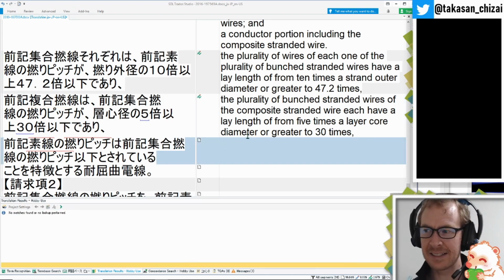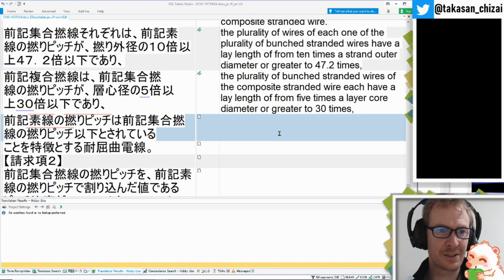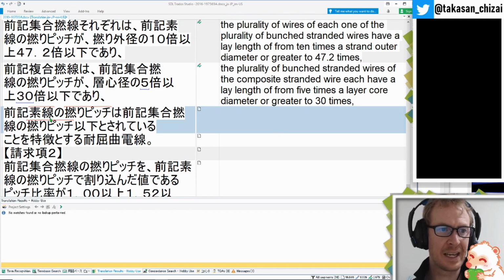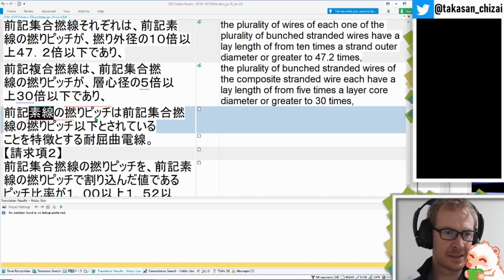Alright, we're on to our last section, the last wherein clause. We're talking about the little wires, the smallest ones, the ones that make up the bunch-stranded wire.